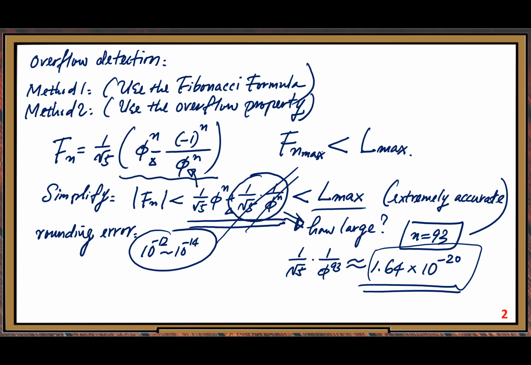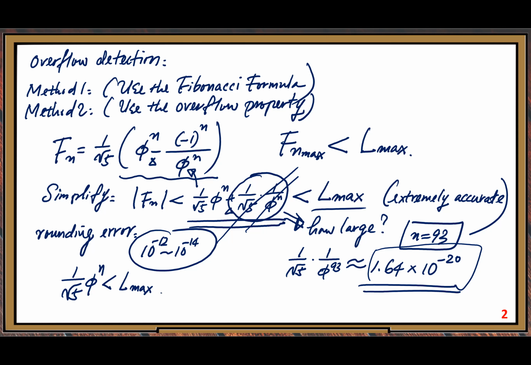So that means we can do the calculation with less than L max after we cross out the second term. It is relatively complicated, but we know it is so small that we are pretty safe to erase it.